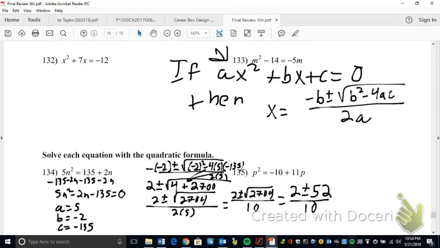This means that we have 2 separate answers. Okay? So we have 2 plus 52 over 10 and 2 minus 52 over 10. That's going to give us 54 over 10 and negative 50 over 10.